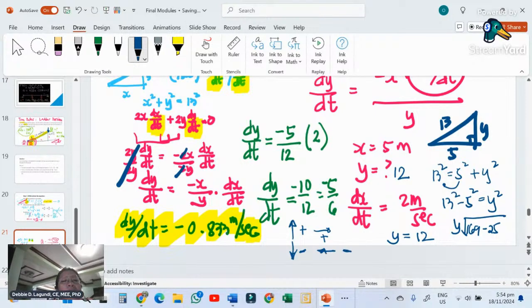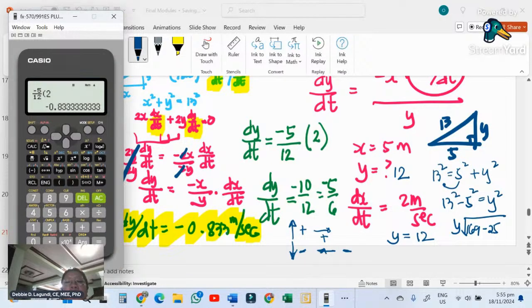So dy over dt, because this is along the y, it means the direction will be going down 0.833 meters per second. That is what it means by the negative, it is a direction. Okay, let me just check if I write it correctly. All right, so that's how it is.